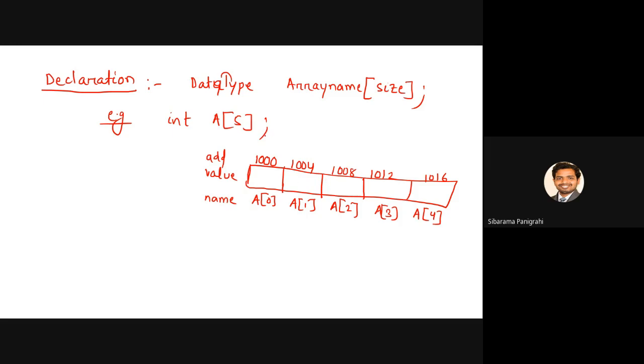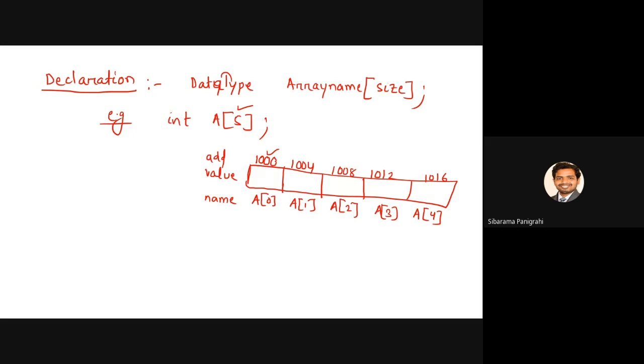Right? So now, if you want to assign values to these variables. Here you see, an array is a collection of elements of similar types. So here the array A is a collection of 5 integers which are stored contiguously. You see, stored contiguously. Why haven't I told you continuously? Because continuously means it will be incremented by 1. So contiguously means it will be incremented by a value.